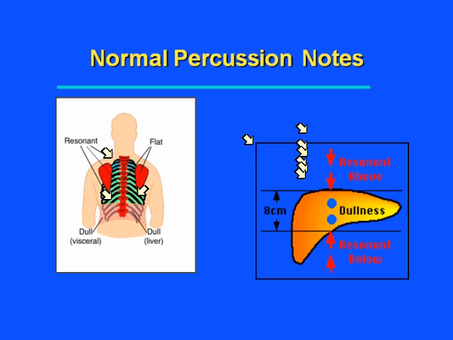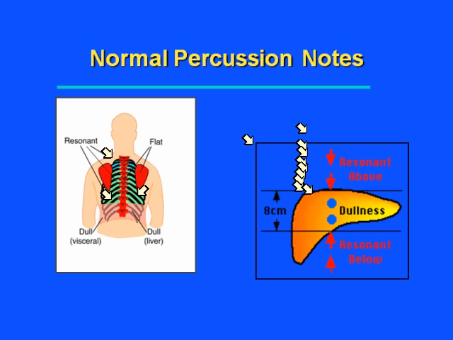Then there's not an outward picture of where the liver is, but this representation shows that as you get to this area, you would now be reaching the point where the chest cavity ends and the abdominal cavity begins.